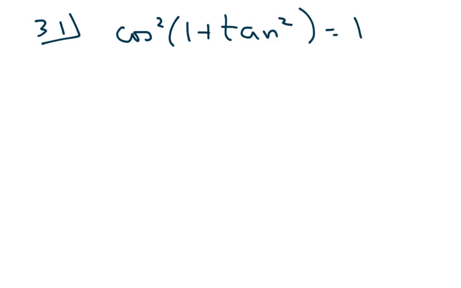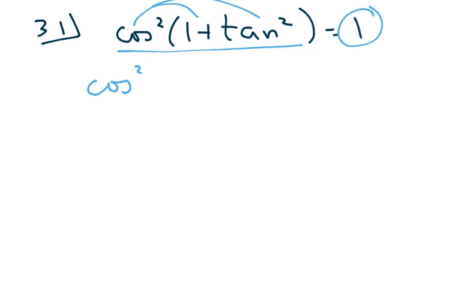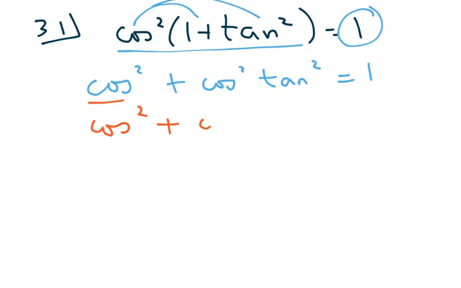The next one is 31. We're going to go ahead and distribute here. There's not much we can do with that, so I'm going to work on this side of the equation. When I distribute, I get cosine squared plus cosine squared tan squared equals 1. Still, not much I can do there. I can write this as cosine squared plus cosine squared times sine squared over cosine squared.